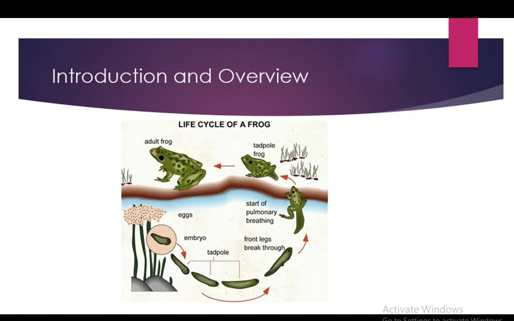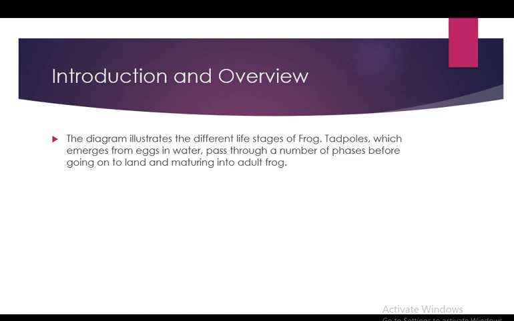For example, here we have this diagram in which there is an egg, and this transforms into an embryo, then a tadpole, then this and this and this. If I have this diagram in my IELTS exam, this is what I will do for the first paragraph, or you can say paraphrasing: The diagram illustrates the different life stages of a frog.